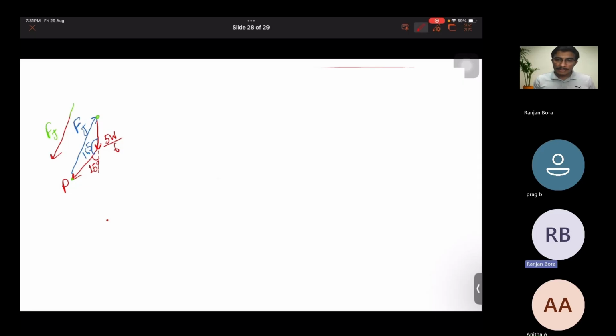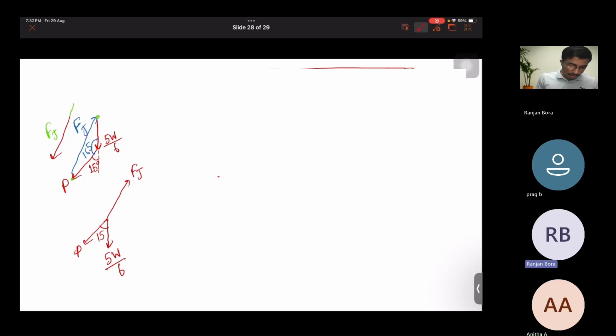We can either use the force equilibrium or we can use Lami's theorem. So here is 5W by 6, one force, then another force P acting, this angle is 15, and Fj is acting in this direction.